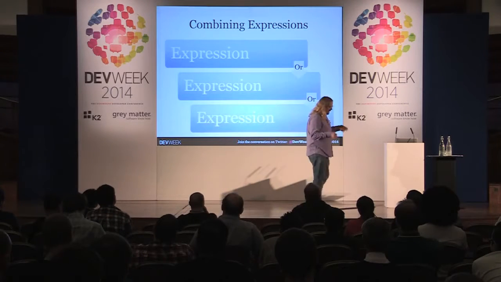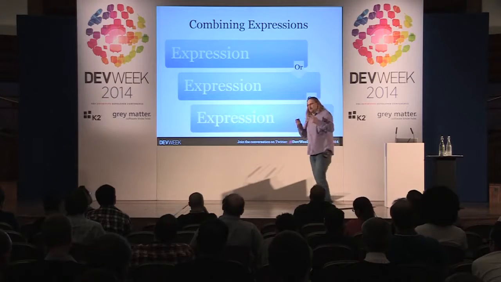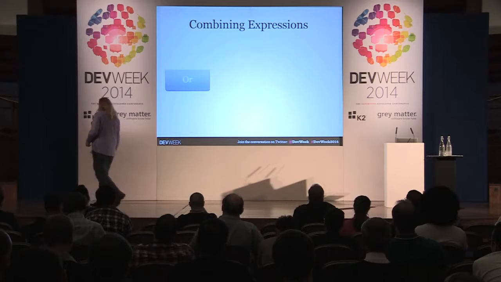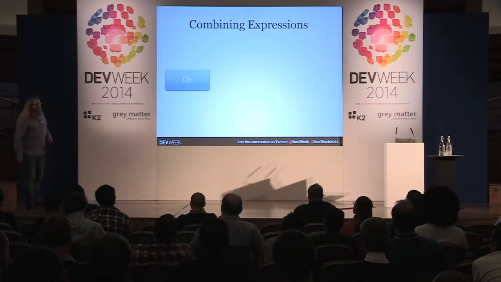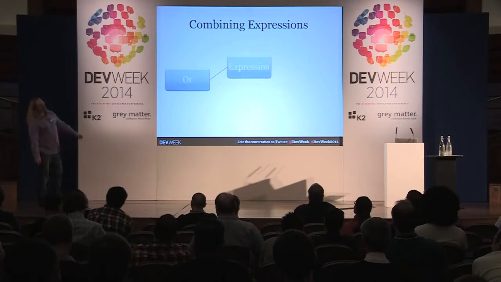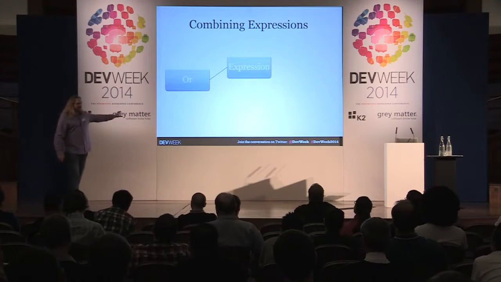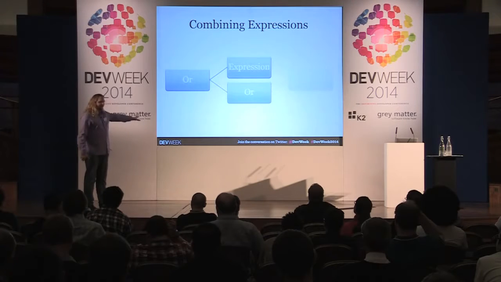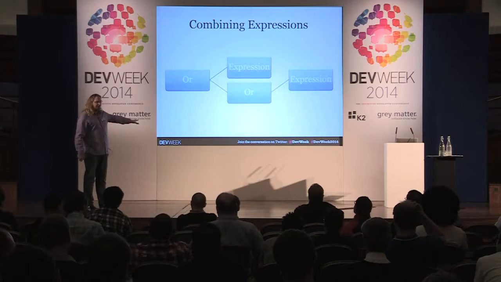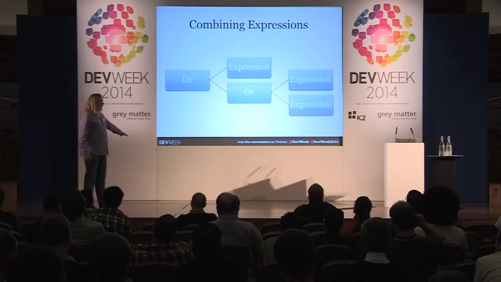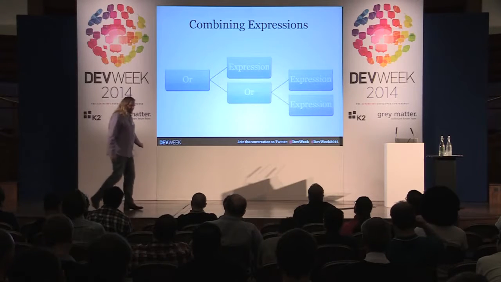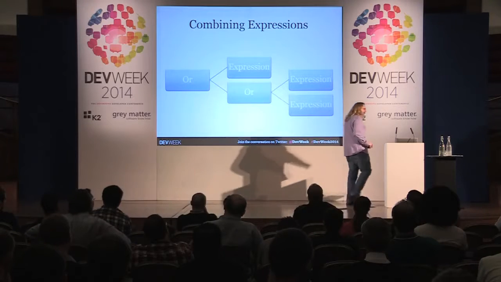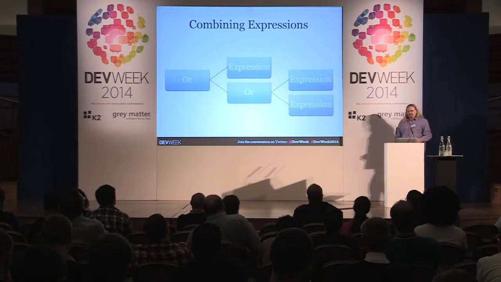You've now got 3 items that have been strung together. So as an expression form, you combine this by saying, I'm going to start with an OR, and on my left-hand side I'll have my first expression, and on my right-hand side I'll have another OR, and then the second expression that I'm testing, and then the third expression that I'm testing. Any questions? Does this make any sort of sense at all? Ish.